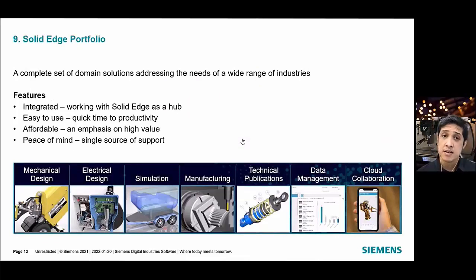Number 9, the Solid Edge portfolio. By now, most of you would have known that Solid Edge is more than just mechanical CAD. We have a wide range of what we call pillars in different domains, where we offer a complete set of solutions that address the needs of a wide range of industries, from mechanical to electrical design, simulation, manufacturing, technical publications, data management, all the way to cloud collaboration.